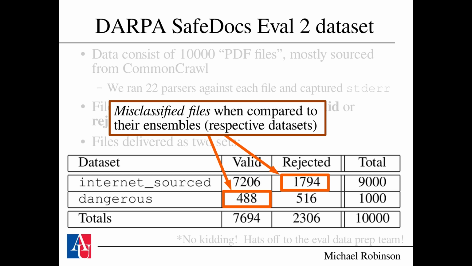Trying to put these two together means that we have to deal with the files that aren't in the right place. They're misclassified. So the files that are in the internet source set but are rejected really ought to be removed if you want a set of positive examples. Conversely, perhaps counterintuitively, the valid files in the dangerous set are misclassified as well.